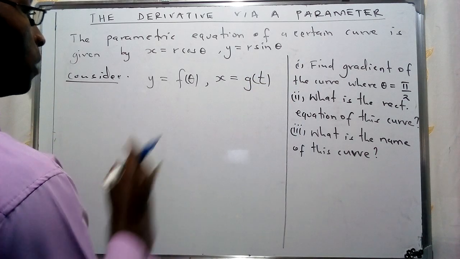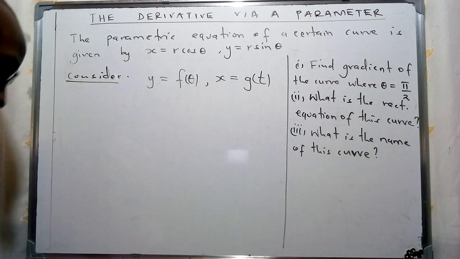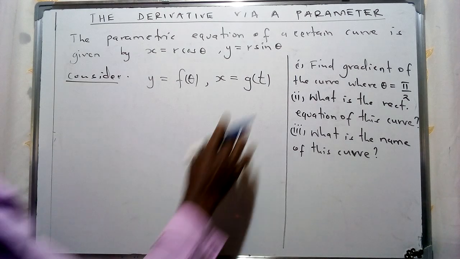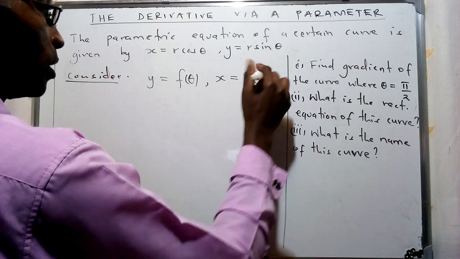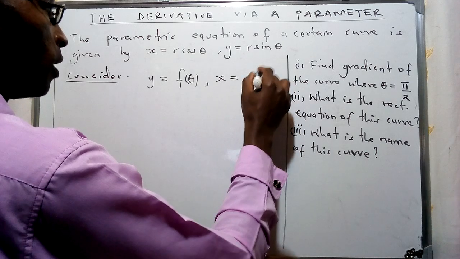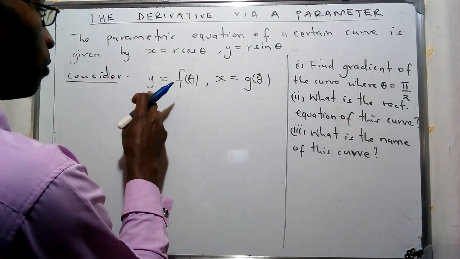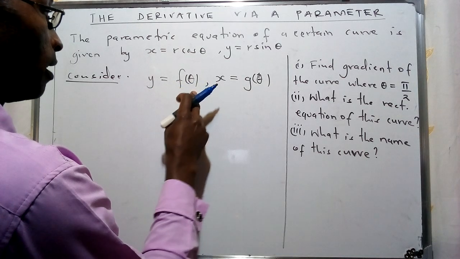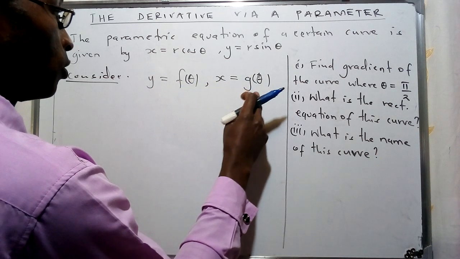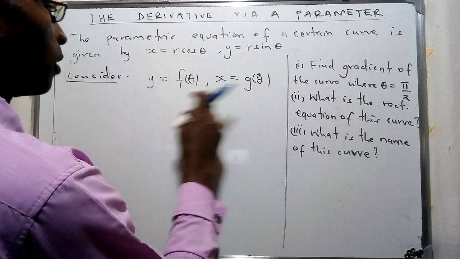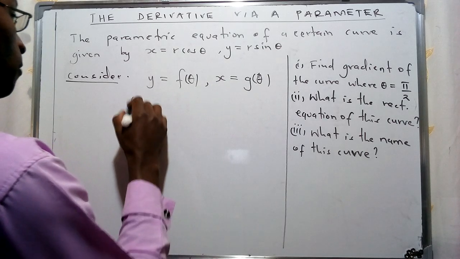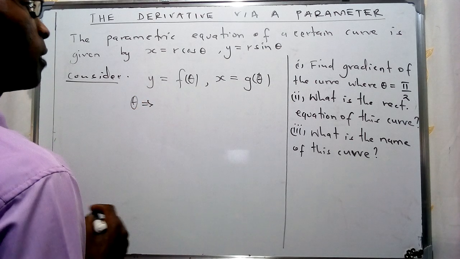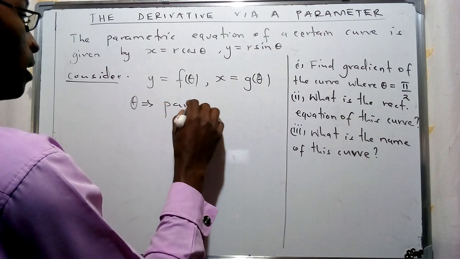We can have a connection between these two equations by having a value which is common to both. So if y is equivalent to f of theta, and x is equivalent to g of theta, these two equations are connected by this specific representation, theta, which is given the name of a parameter.